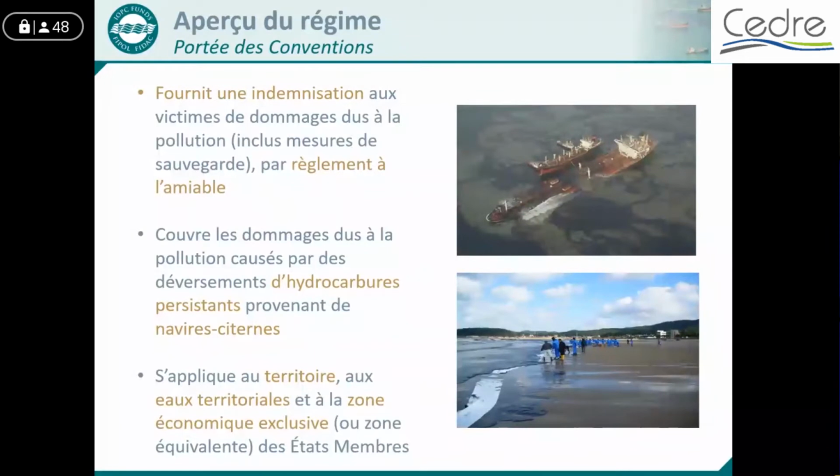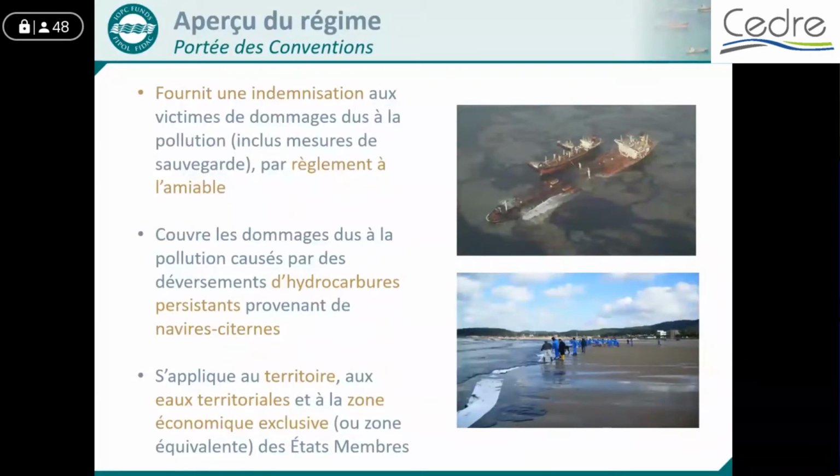This carries on from the previous slide. When we look at compensation, the idea is providing compensation to victims of pollution damage. There's a request to open a file. You file a claim, as for any form of insurance.